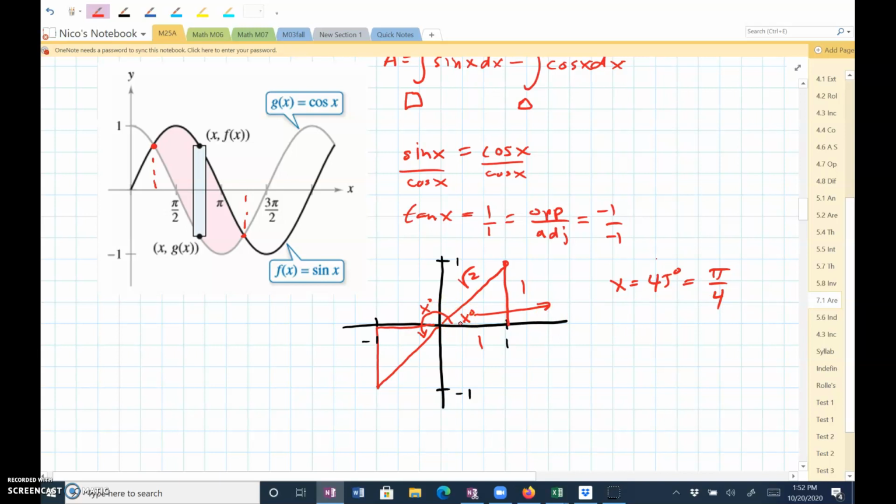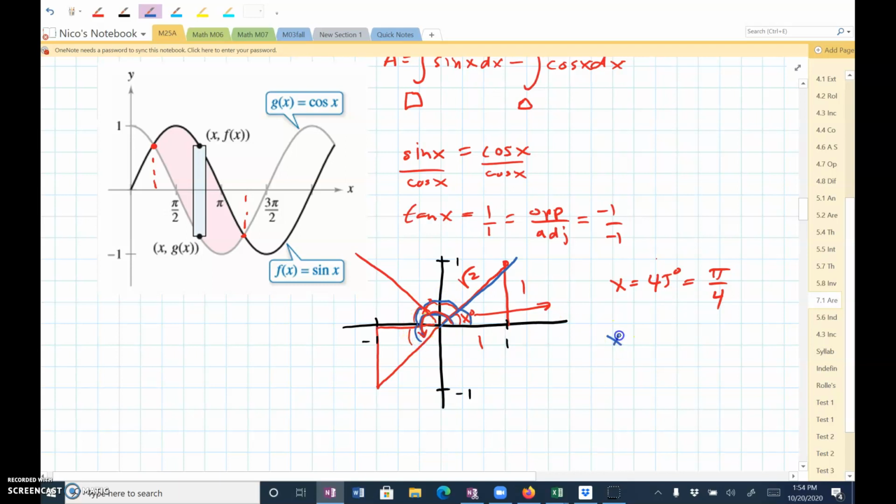To find the other measure, this would be 1 pi over 4, 2 pi over 4, 3 pi over 4, 4 pi over 4, 5 pi over 4.